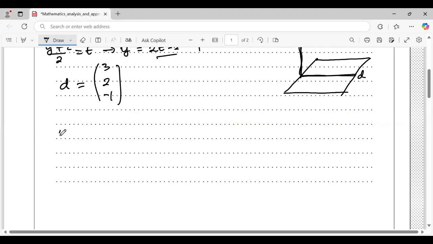So the normal vector n equals (4, cosine alpha, sine alpha), this line.